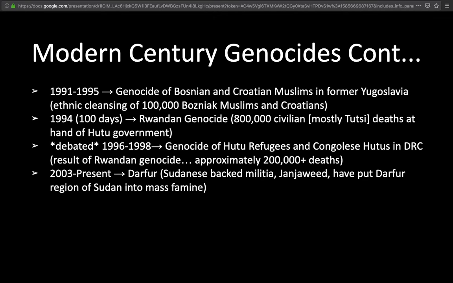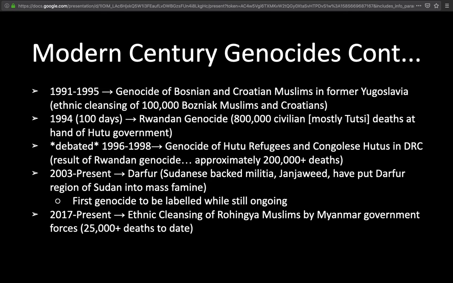The Sudanese-backed militia, the Janjaweed, put the Darfur region of Sudan into mass famine. This is one of the, if not the worst famine in modern history. And it's pretty horrific.